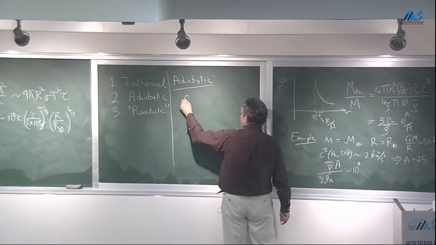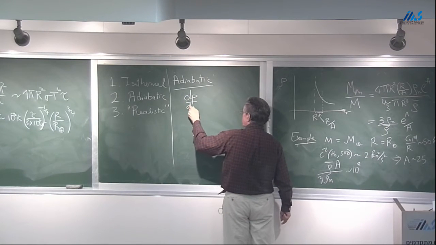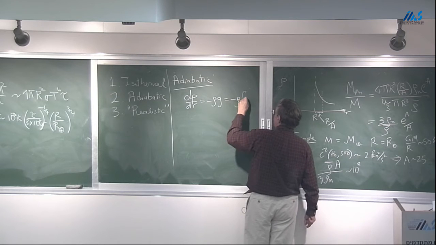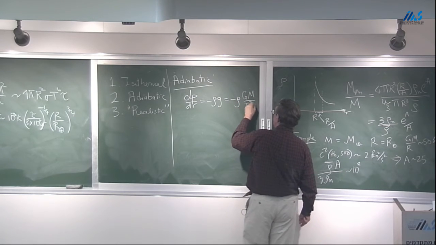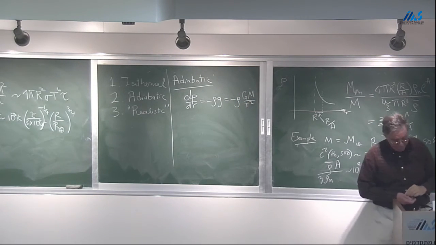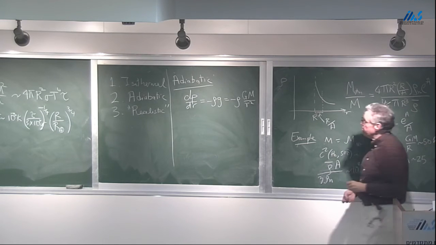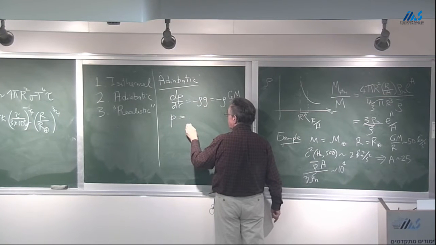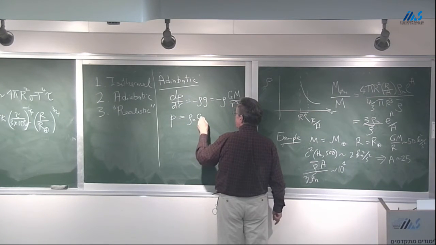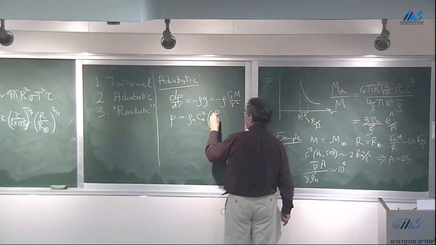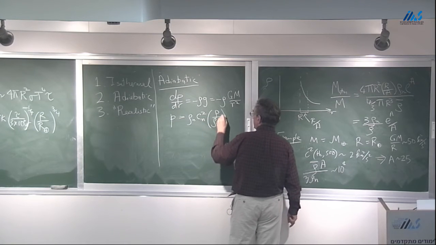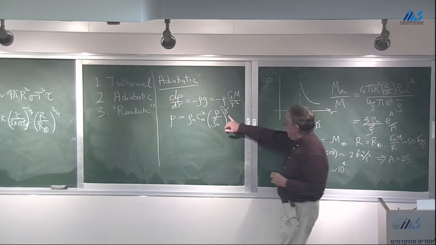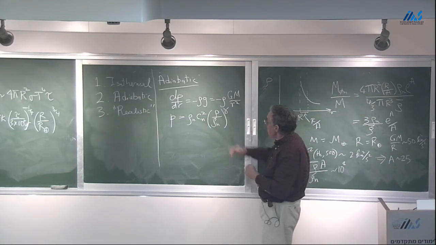So in the adiabatic case, we're still, of course, solving dP by dr equals minus rho g, and we're still going to assume that g comes from the core. But now, of course, we have a different equation of state. We're going to assume that the pressure increases as the density increases in accordance with some adiabatic index, gamma.